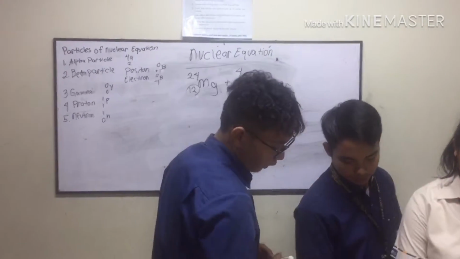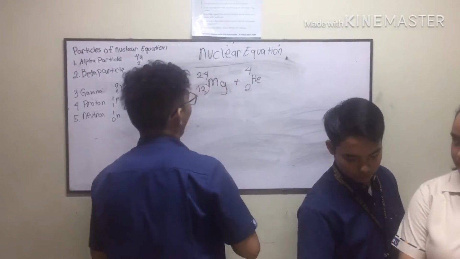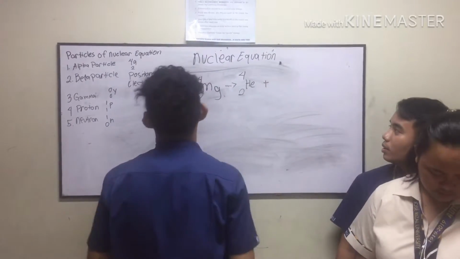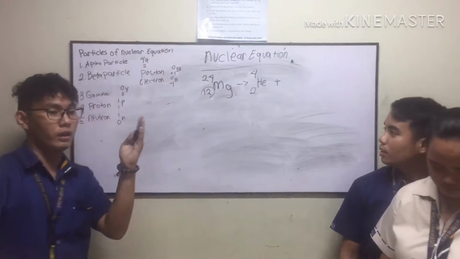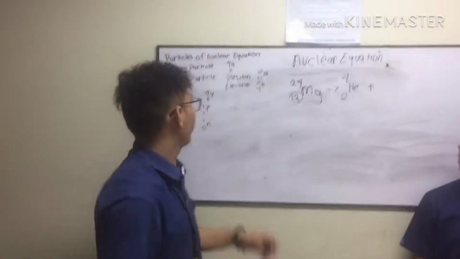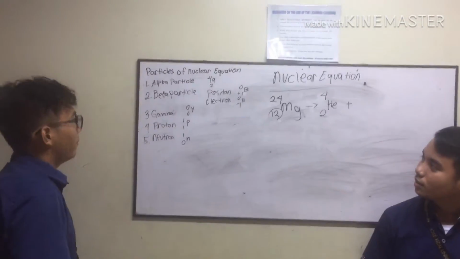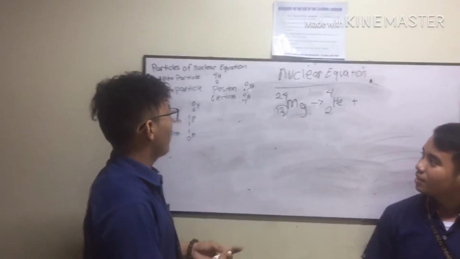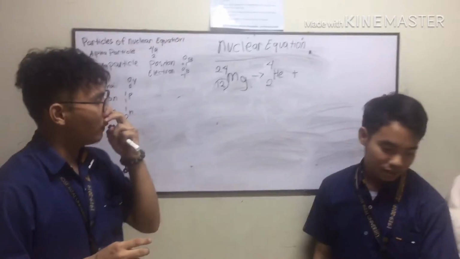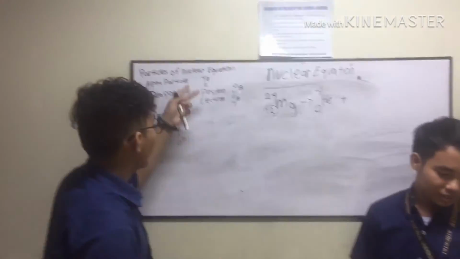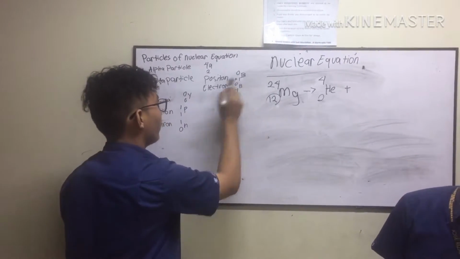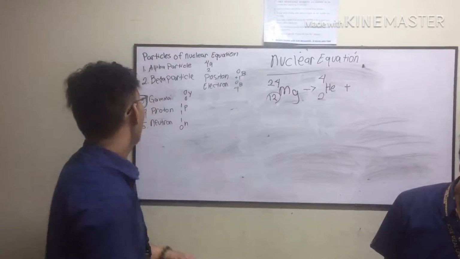So let's go back to your problem. Emitting a neutron particle. These are the particles of the nuclear equation. Alpha particle is 4,2. Beta particles: the positron is 0, +1, and the electron is 0, -1.